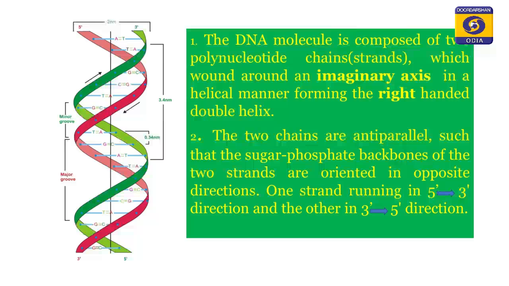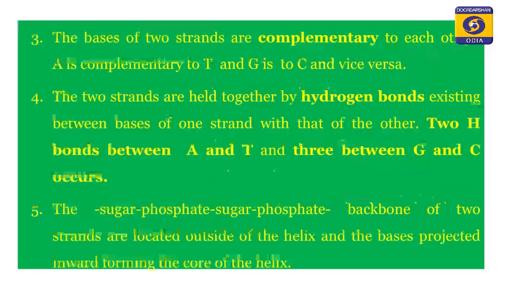That would be clear in the subsequent diagram, and therefore, when we write the two strands of DNA, we write 5 dash to 3 dash end, the other one in reverse 3 dash to 5 dash, because they are antiparallel. The bases of two strands are complementary.